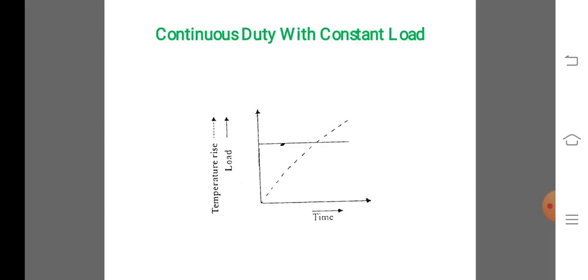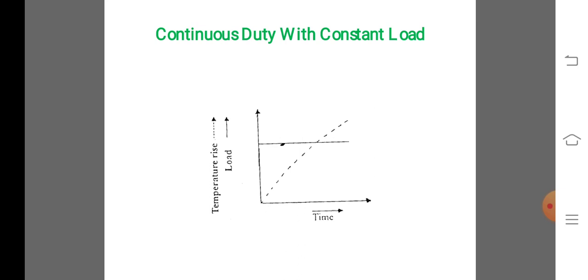This is continuous duty with constant load. In this continuous duty, the drive is operated continuously for a duration which is long enough to reach its steady state value of temperature.